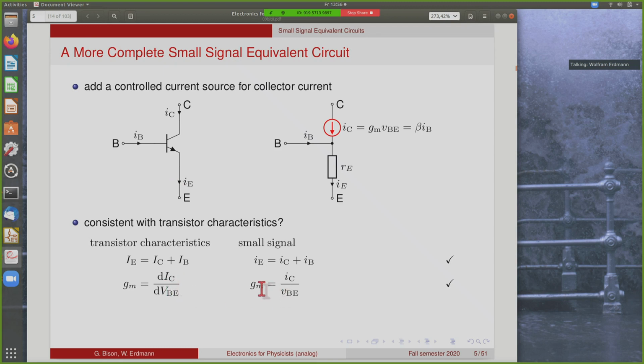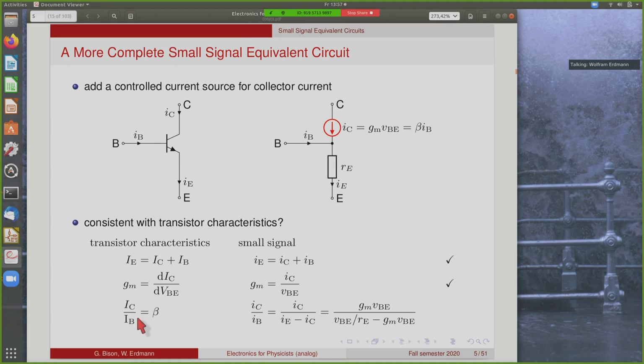And of course, also in the small signal picture, we have GM by definition being the ratio of the small signal current divided by the small signal voltage, and these are changes of the actual large signal voltage. So this is the same as the derivative here. So this is okay.